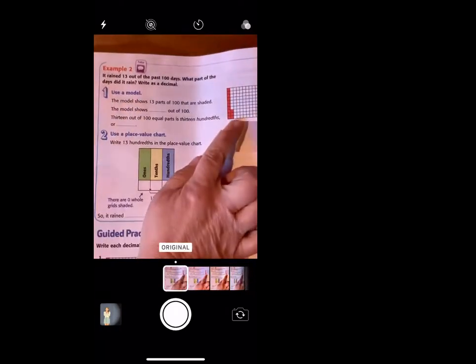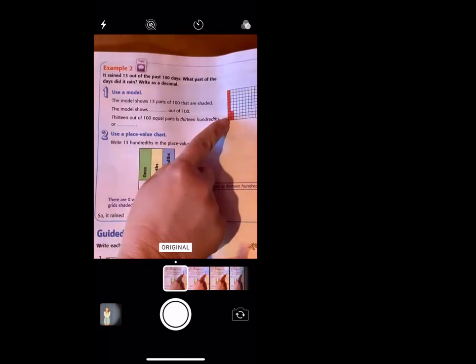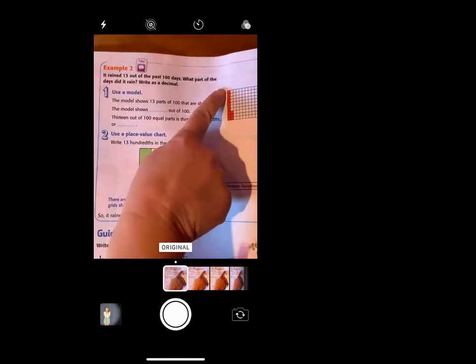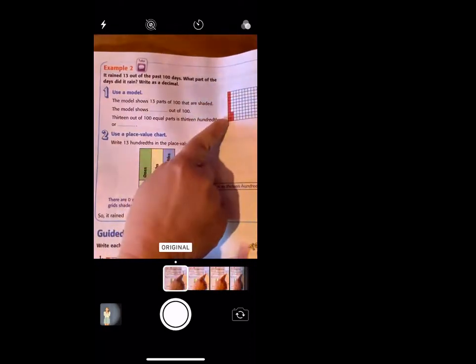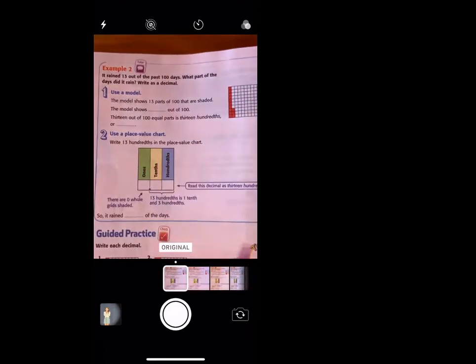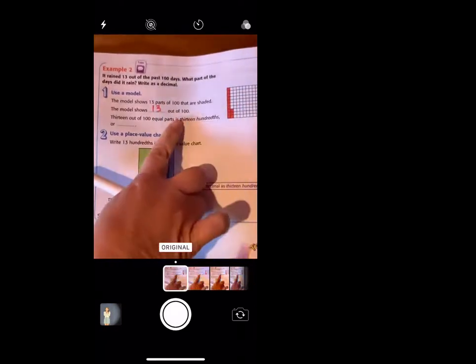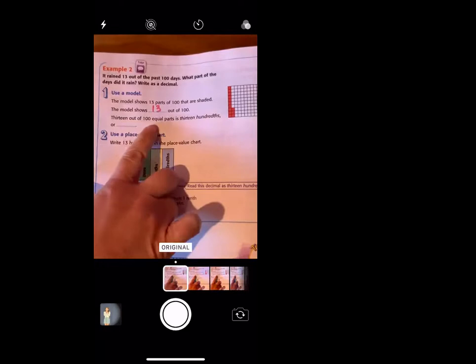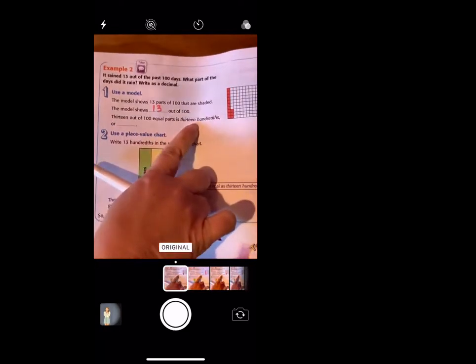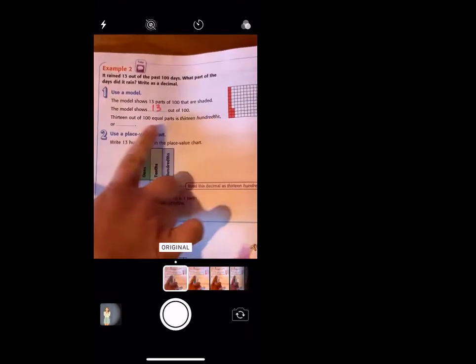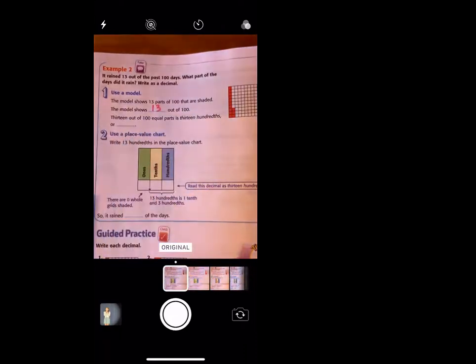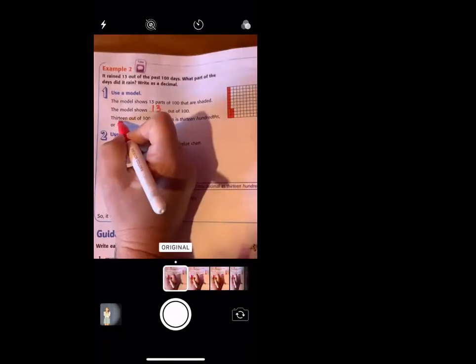So over here in the model, they shaded in out of the 100 grid, they shaded 13 parts, which is 10 in the column and then 3 more, okay? So the model shows 13 out of 100. 13 out of 100 parts is 13 hundredths, or we write that as 0.13.